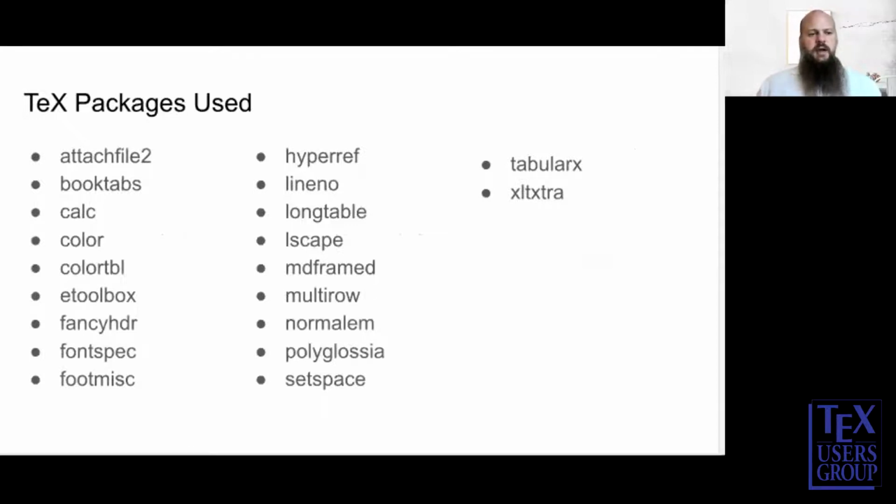But these are the 20 packages that we do use in the XLingPaper distribution: attachfile2, booktabs, calc, colortbl, etoolbox, fancyhdr, fontspec, footnotehyper, hyperref, lineno, longtable, lscape, mdframed, multirow, natbib, polyglossia, setspace, tabularx, and xltxtra.